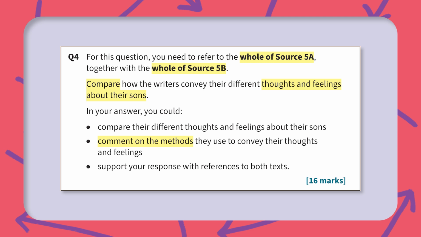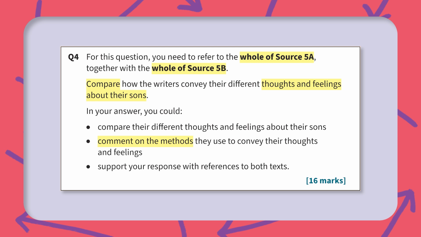It's very important, this one, because students often do forget in their haste to say something about the language or structural choices made by those writers to convey their thoughts. Make sure you don't, okay? Finally, you're wanting to point to specific instances, quotations, references to back up your points.